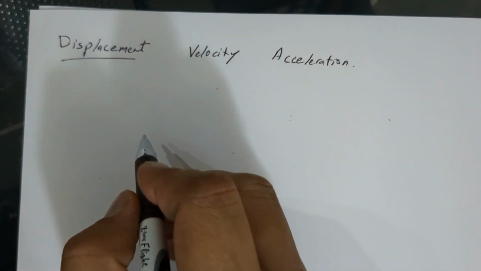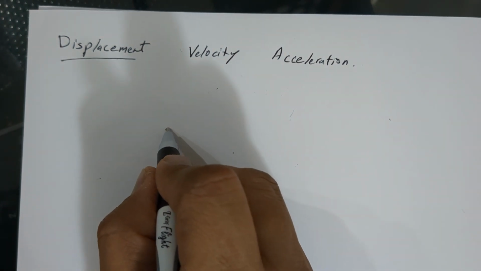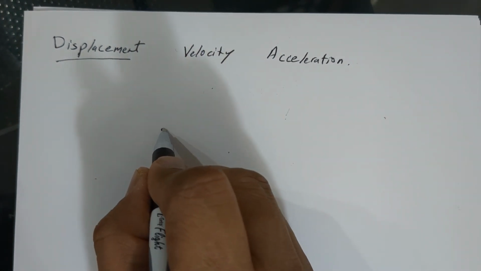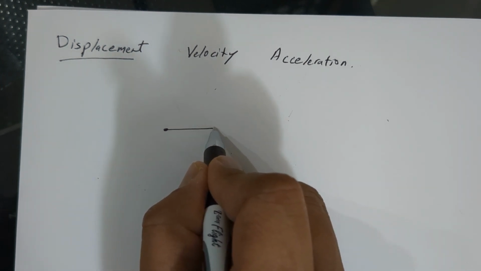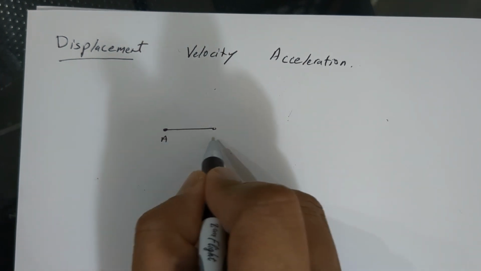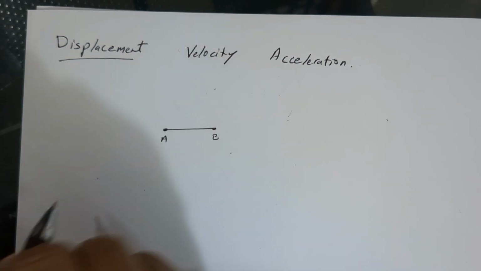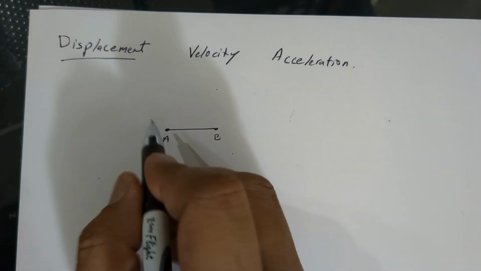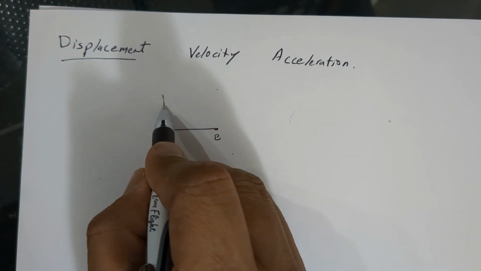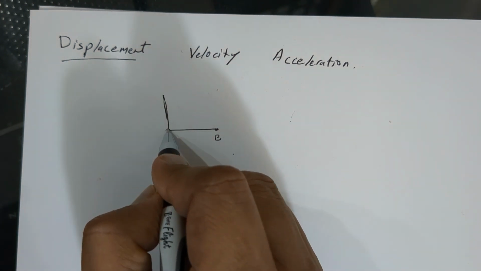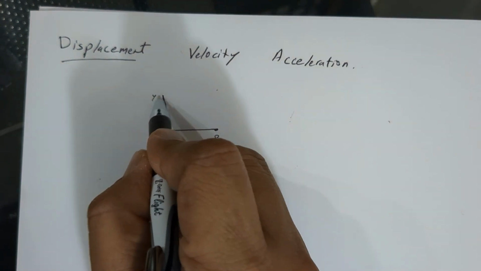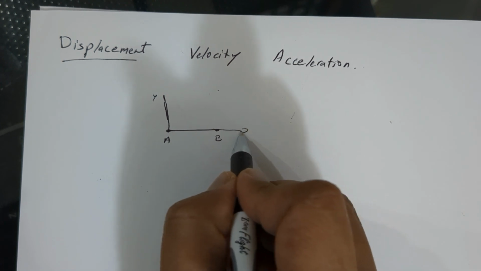So imagine you're standing someplace here, right? And you want to travel from one place to another. Let's say point A to point B. Now, in simple terms, let's draw a coordinate system here. So this is, let's call it Y, this is X, for example, right?